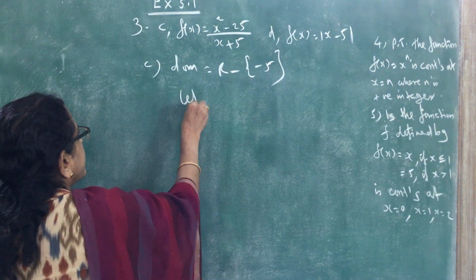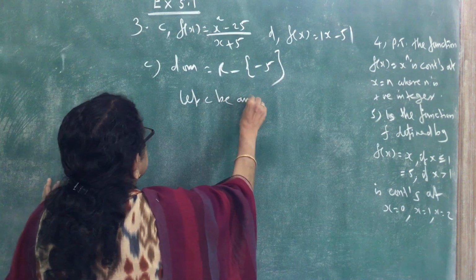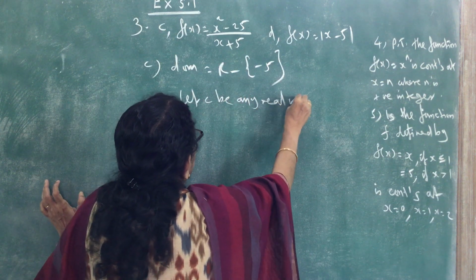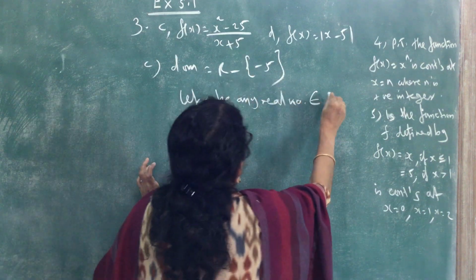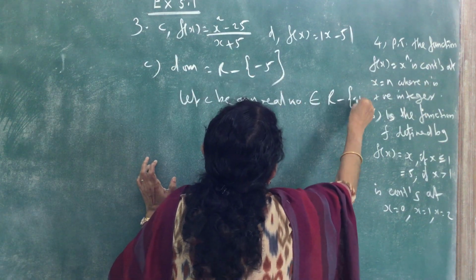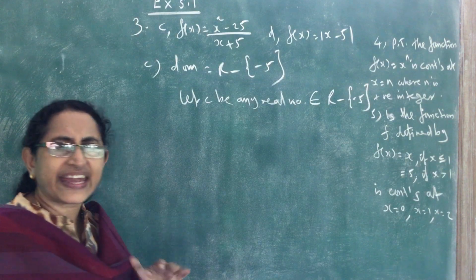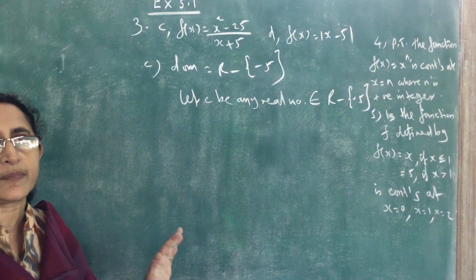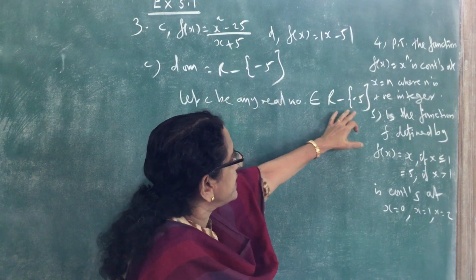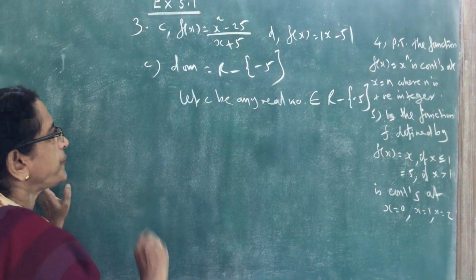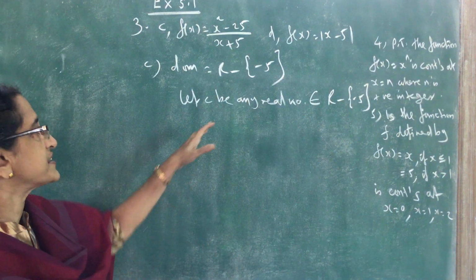Let c be any real number belonging to the domain, that is R minus the set negative 5. Then we have to check whether the function is continuous at x equal to c.